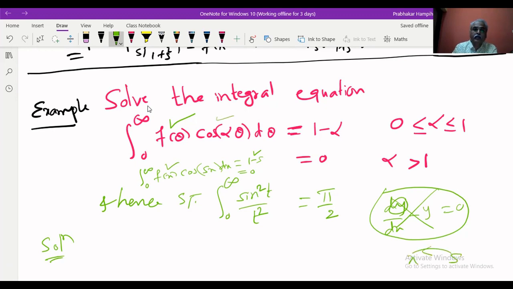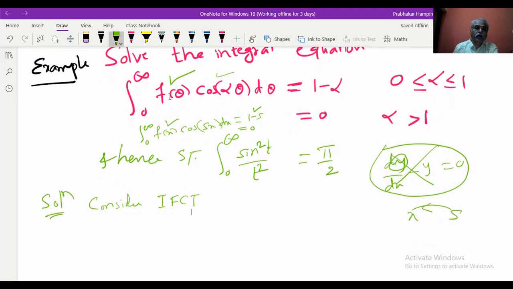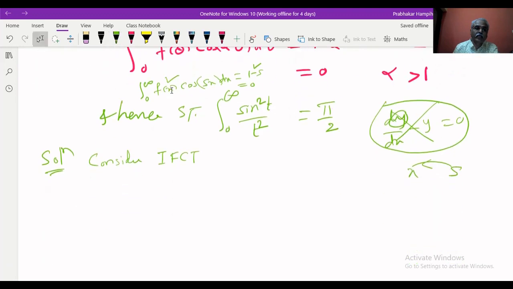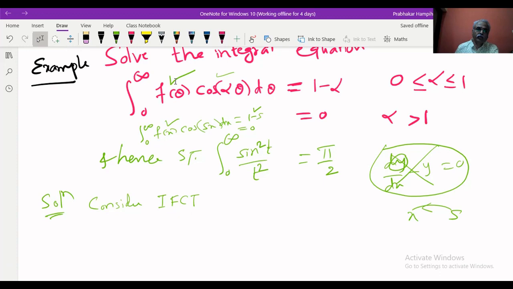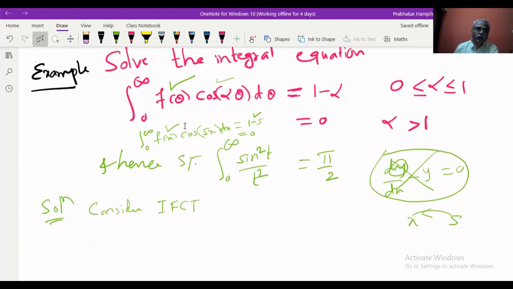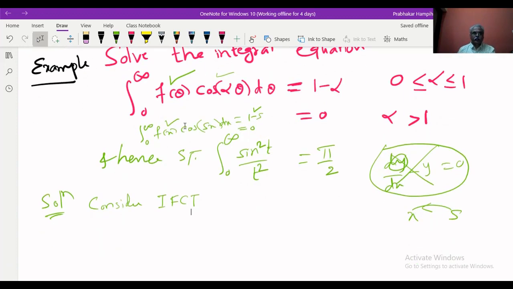Since cos is there, consider the inverse Fourier cosine transform. But in terms of alpha and theta, slowly we will talk, because we are used to s and x language. In any language we should be able to write; the structure of the definitions should remain in our mind.